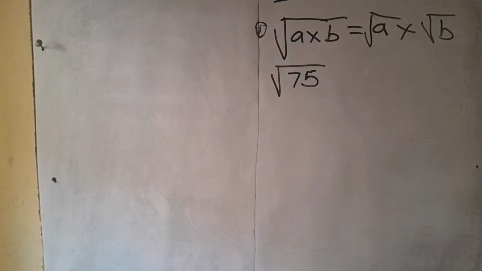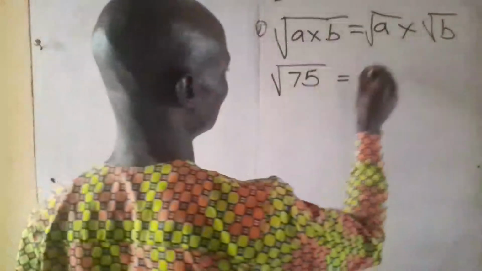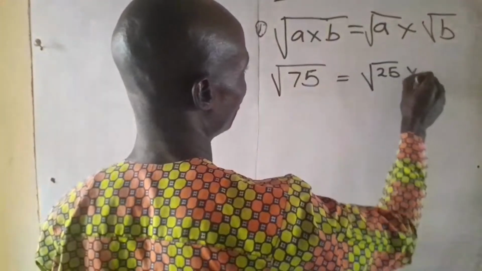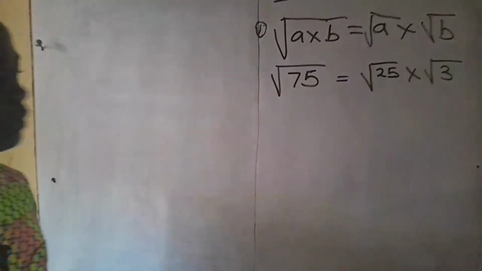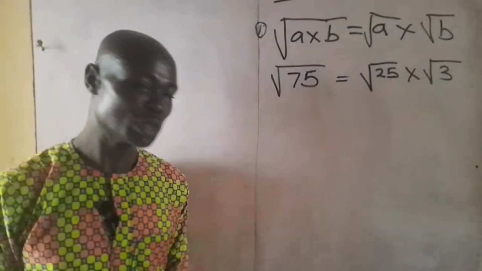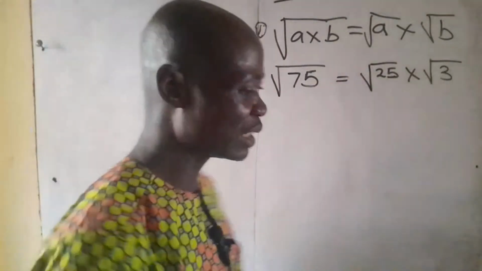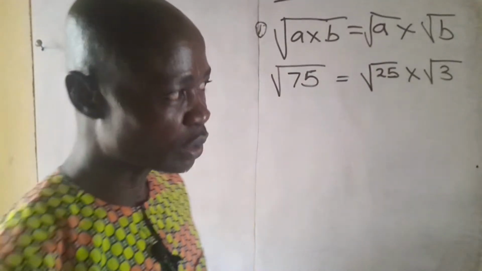For us to do that, we'll first of all split this in this form, and that is going to give us root 25 multiplied by root 3. Why? Because root 25 multiplied by root 3 will give us root 75. So that is what we need to understand. For us to know this, then solving every other thing becomes easy.